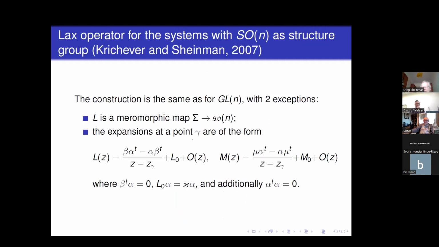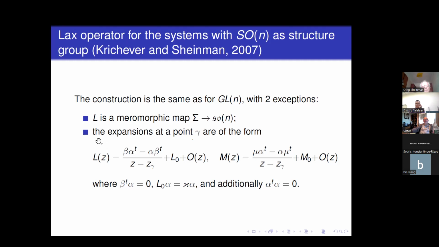Now let's pass to the case of simple groups. For example, consider SON. Then the construction of the Lax operator is the same as for GLN, with two exceptions. First, the Lax operator is a meromorphic map of the base Riemann surface to the Lie algebra of skew-symmetric matrices, SON.